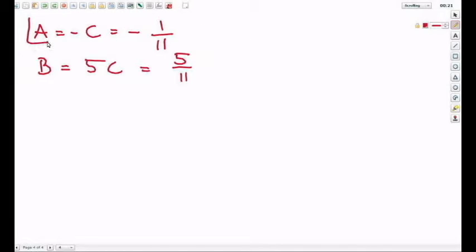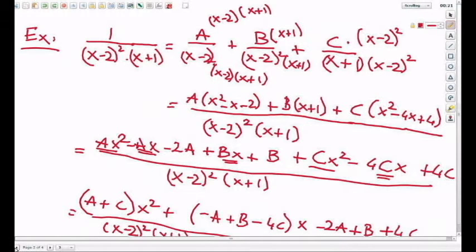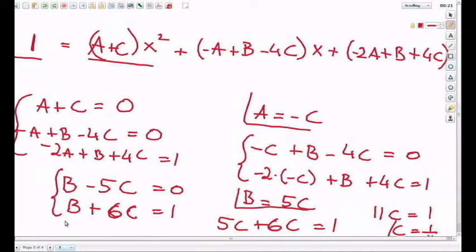Okay, so we have our constants for our partial fraction decomposition, where c is equal to 1 over 11. So the meaning of these constants, and I'm going to check the setup that we had just so that I use the right constants for the right fractions.